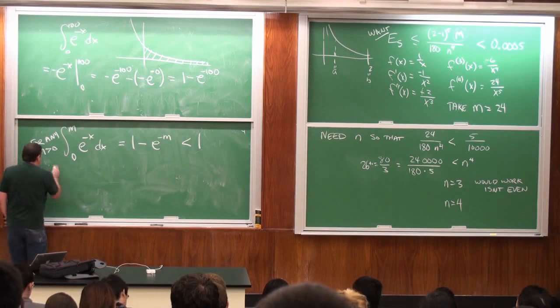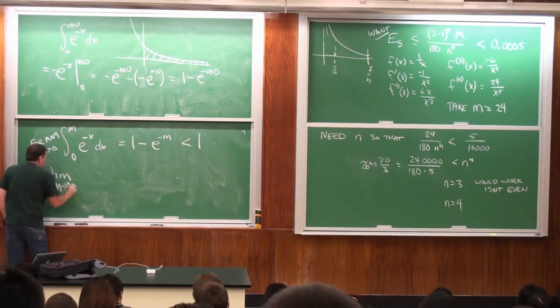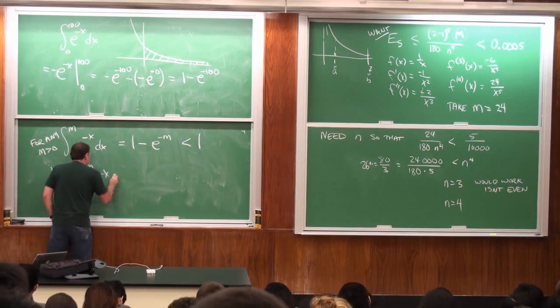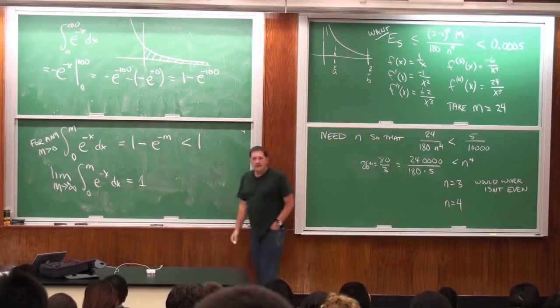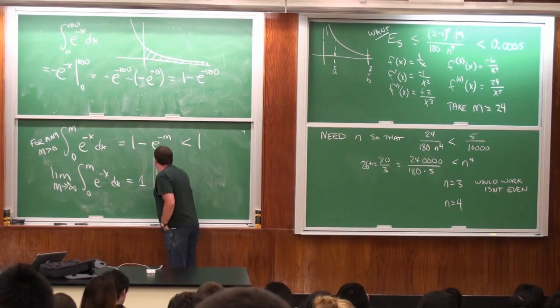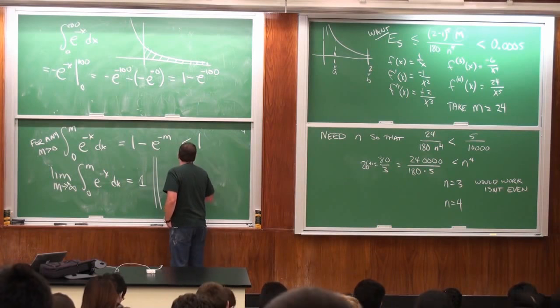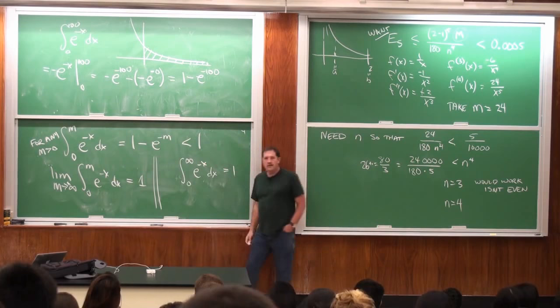So we take the limit, m goes to infinity of this integral, you get 1. That means we can make sense of the integral from 0 to infinity of e to the minus x dx. You can say that's 1.